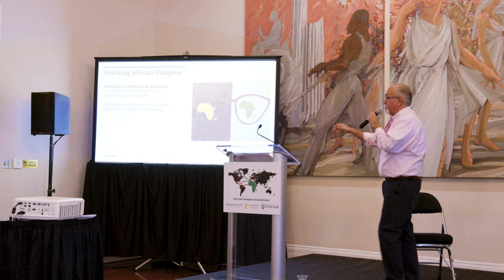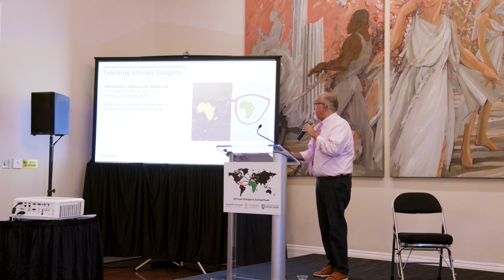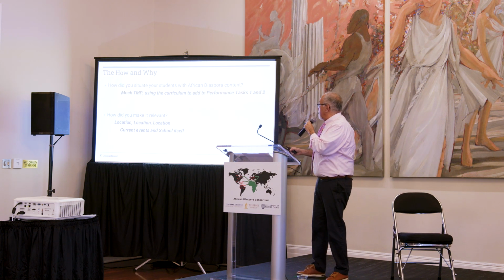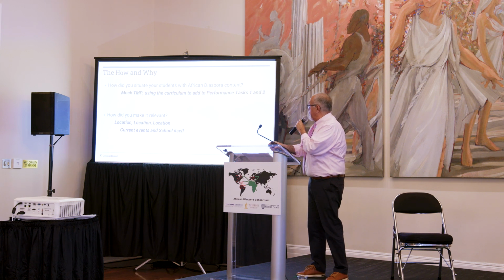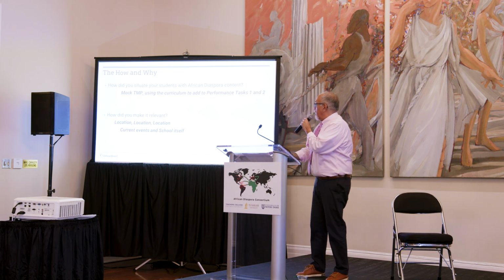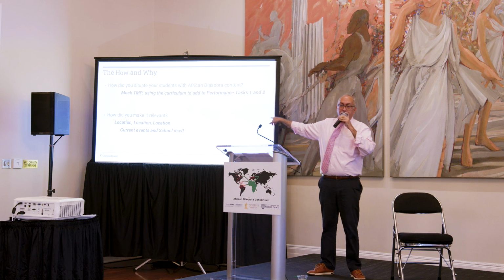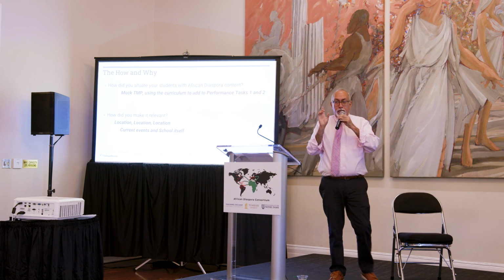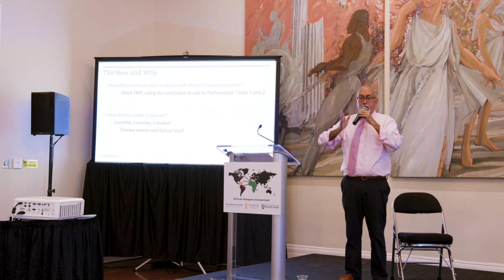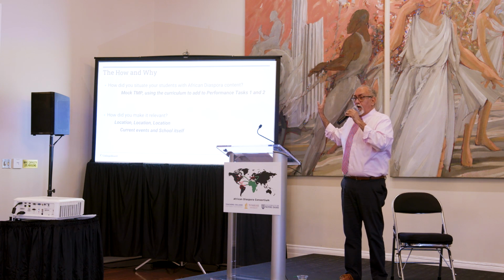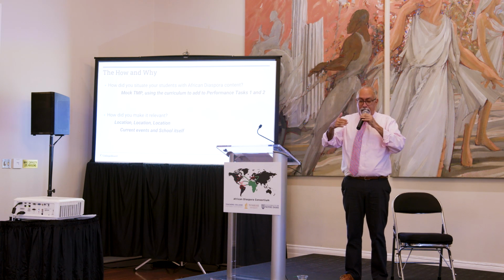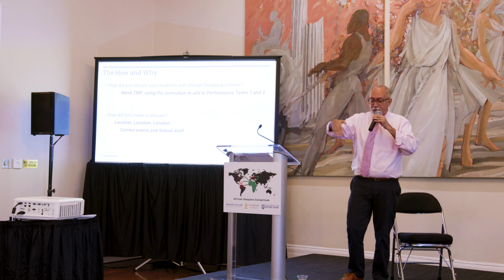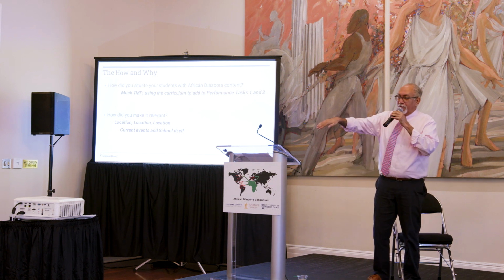And so it was important because of the whole idea of the African diaspora is location, location, location. We were Henry W. Grady High School. We are now Midtown. We are 2 miles away from the King Center. We have a wonderful little street that runs parallel to the school called Ponce de Leon.